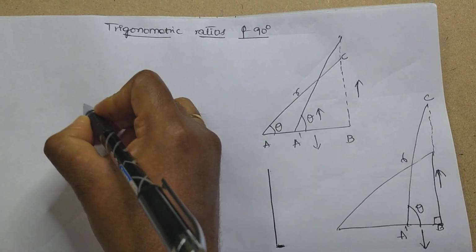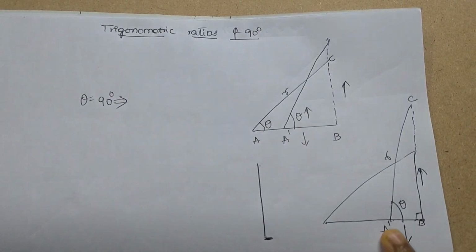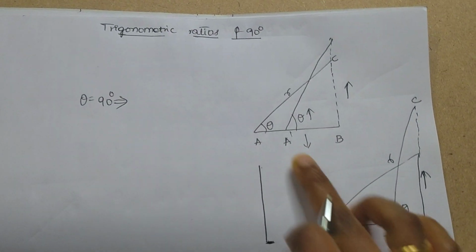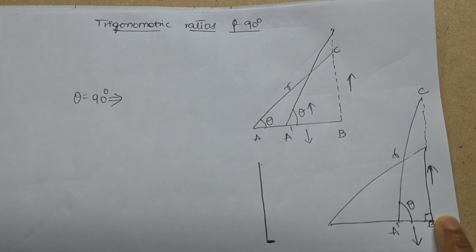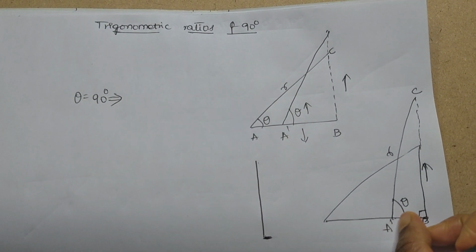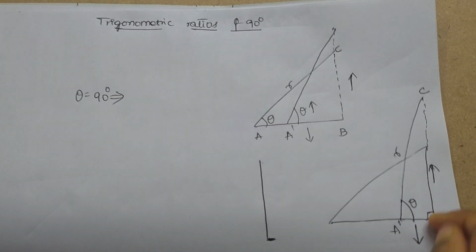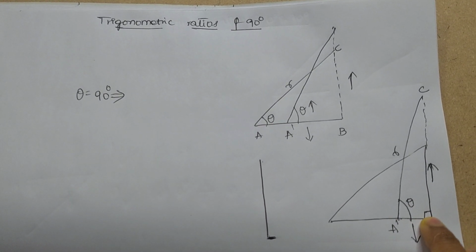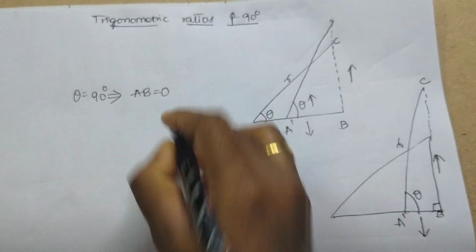So when theta equals 90 degrees, what happens? When theta is increasing, this base level distance is decreasing. If theta becomes 90 degrees, it moves till here. So AB is 0.